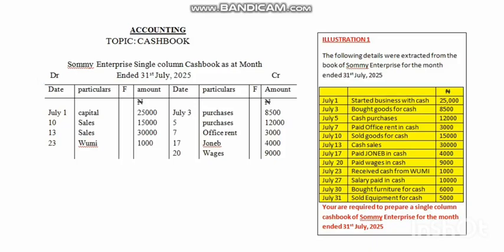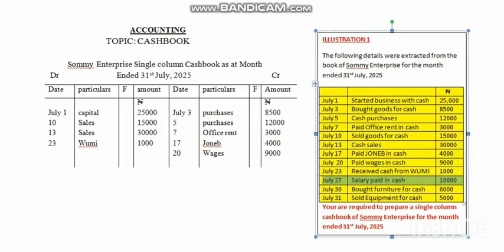So the cash from Wumi. Another one is July 27. What happened on July 27? Salary paid in cash. Salary of how much? 10,000 naira. This is cash outflow because the cash is going out of the organization.